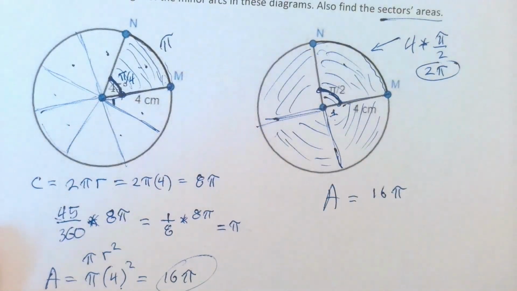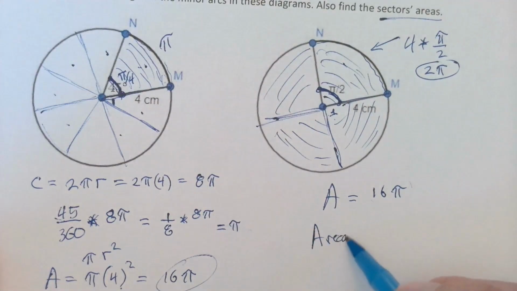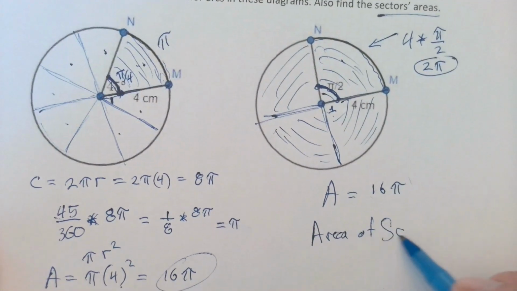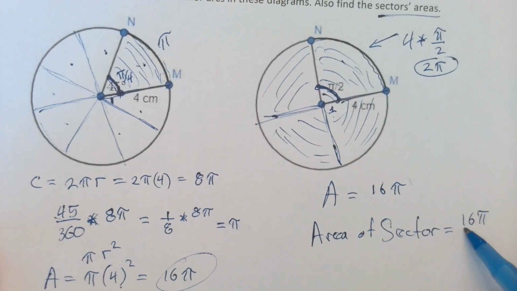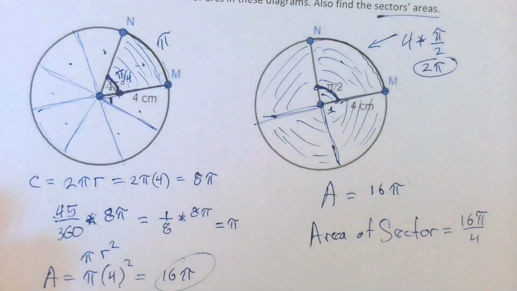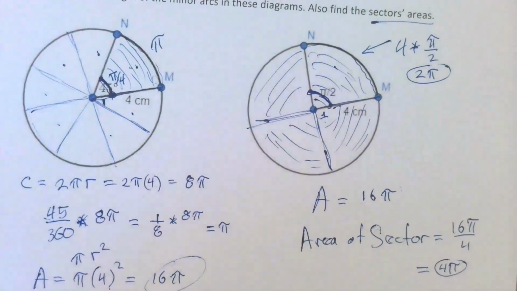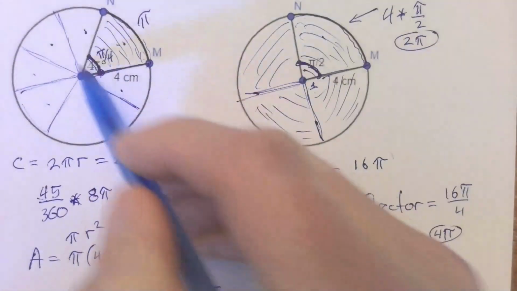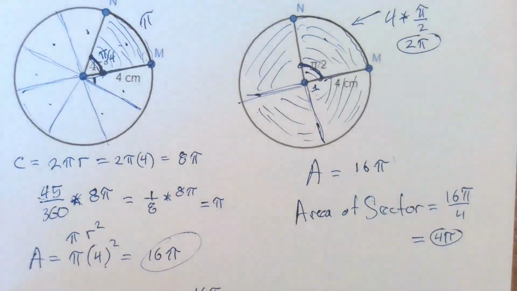Well, then great. To get the area of this sector up here, all I have to do is divide this by 4. So the area of the sector is 16 pi over 4, and that makes 4 pi, which was twice as much area as we had for the other sector. That sector area was 2 pi. This one over here is 4 pi.